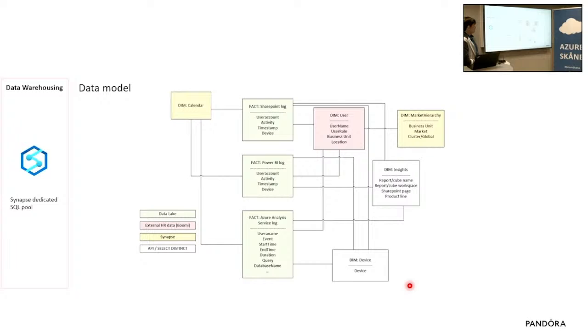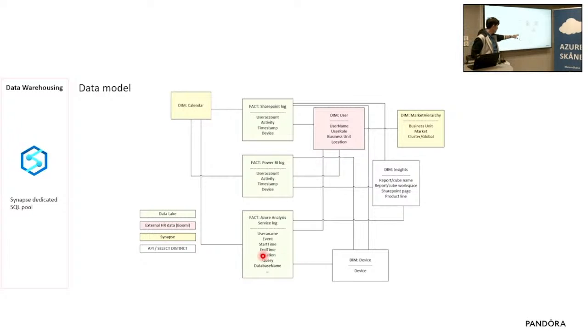If you are interested, this is the data model in the data warehouse. It's simplified, but it's not far from reality, because our data model is really pretty simple. We have three fact tables, one table for each log.